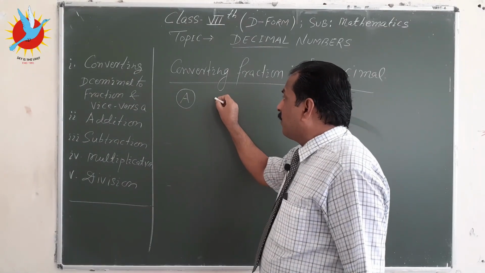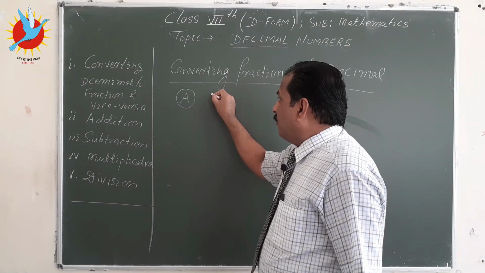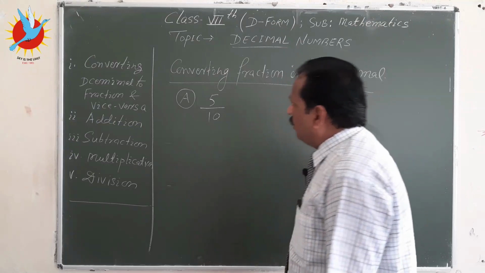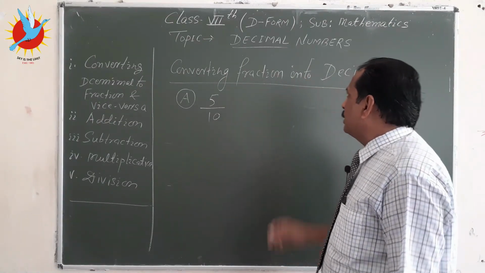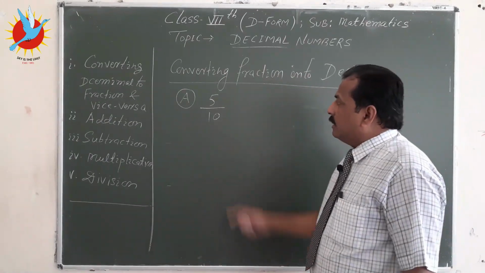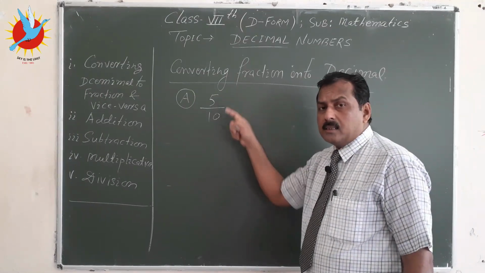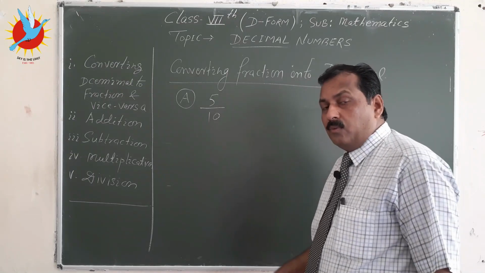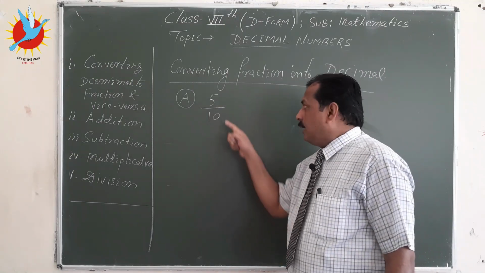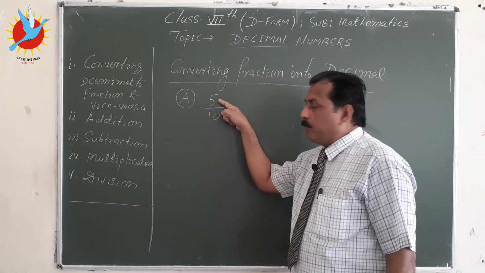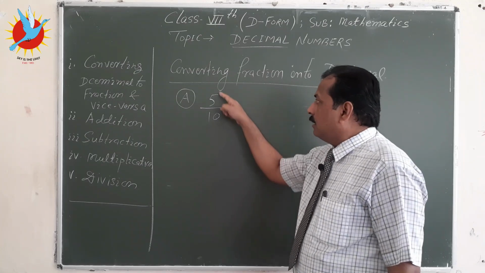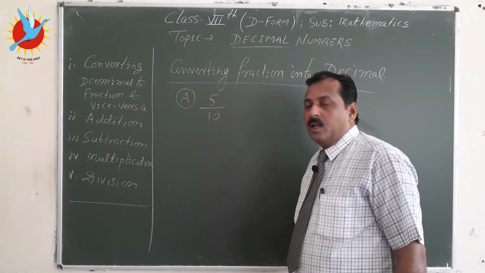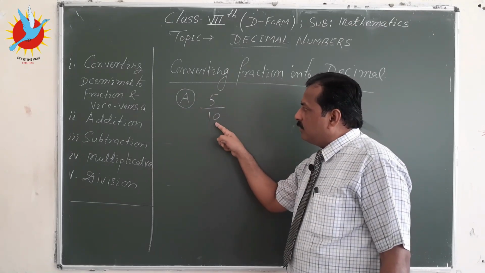So let us say this 5/10. So how to convert this fraction into a decimal? See, this numerator is less than the denominator. We have done it in fractions, that this is a proper fraction and it represents a figure less than 1 because the numerator is less than the denominator.